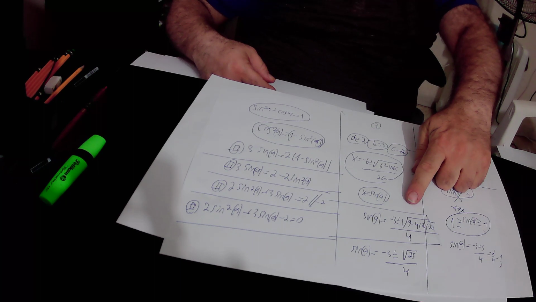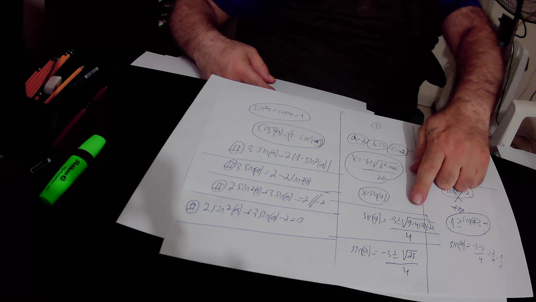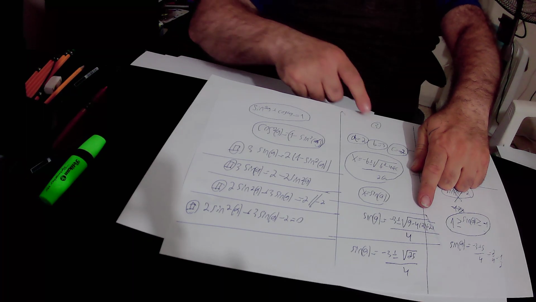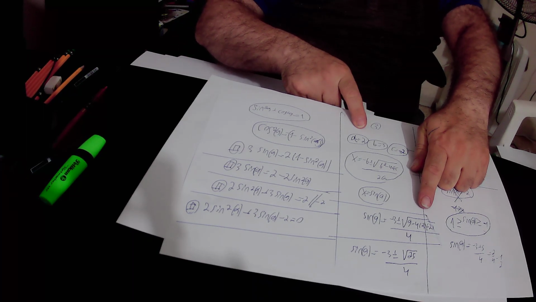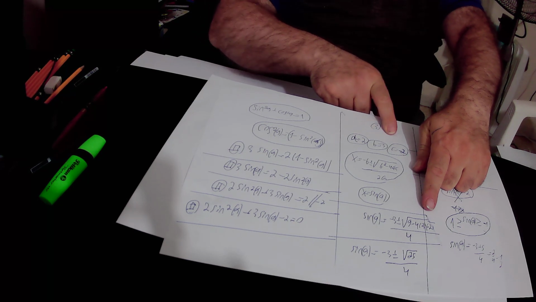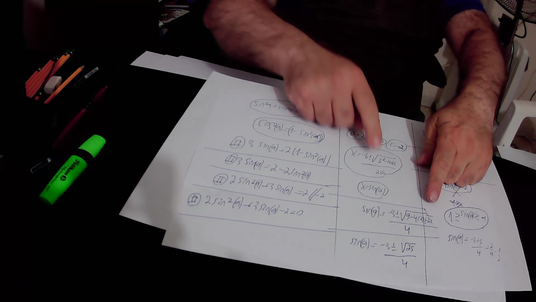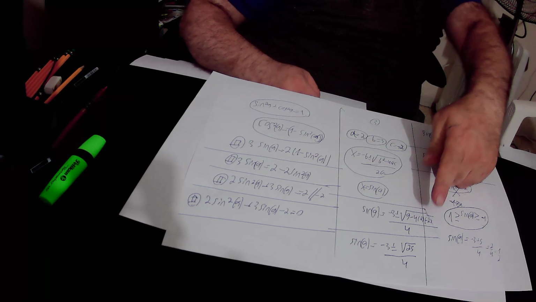So we got that sine alpha equals minus b, where b equals 3, so minus 3, plus minus the square root of b squared, where b is 3, so 3 squared, that is 9, minus 4 times a, which is 2, so minus 4 times 2, times c, that is minus 2, over 2a, where a equals 2, so 2 times 2 is 4.